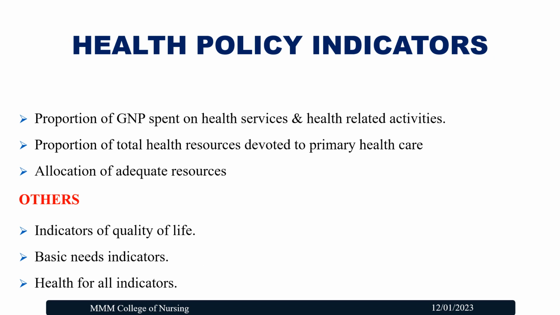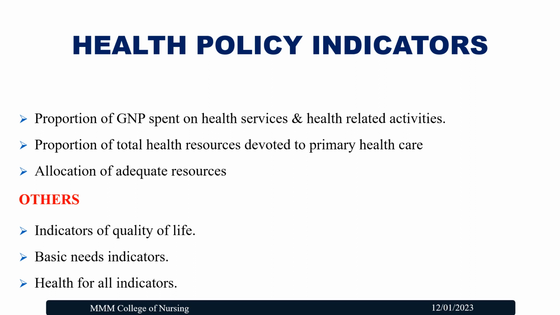The health policy indicators are the proportion of GNP spent on health services and health-related activities, proportion of total health resources devoted to primary health care, and allocation of adequate resources to the health centers.